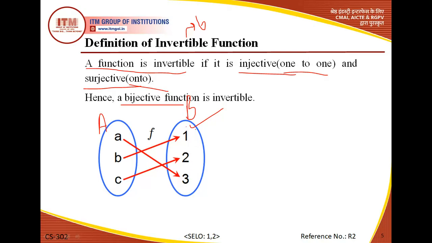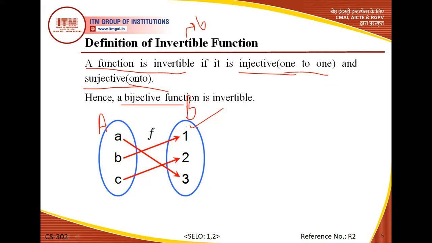Now, for onto, we have to check whether the codomain is equal to the range or not. Here the codomain is the set B, which has three elements: 1, 2, 3. The range is the set of images of the function. One is the image of b, two is the image of c, and three is the image of a. Hence, the range set is 1, 2, 3 also.